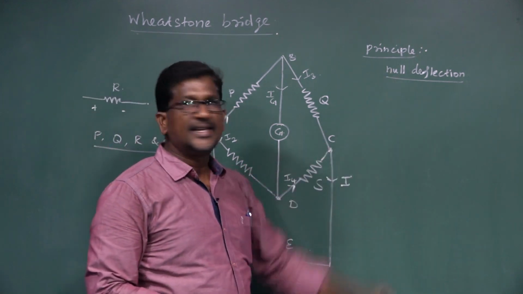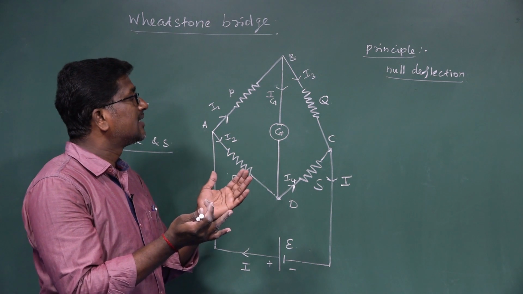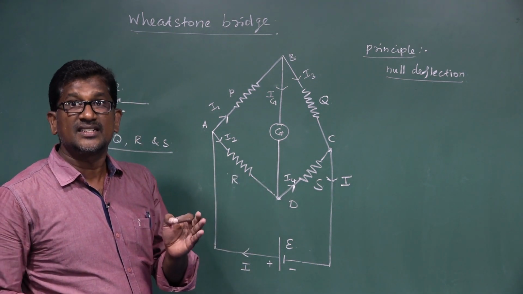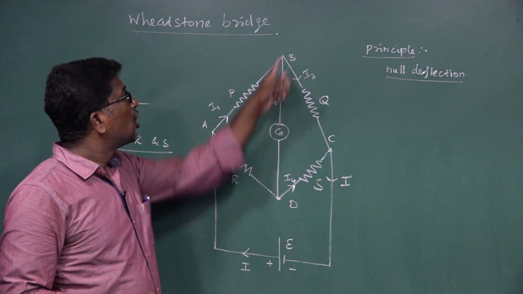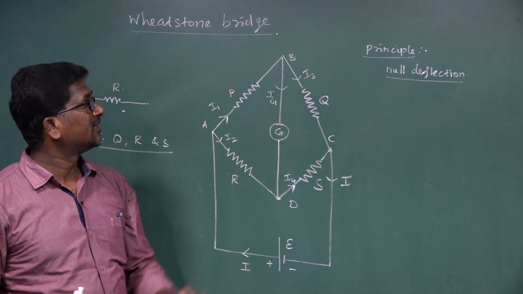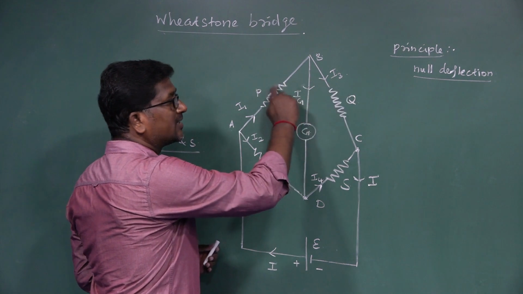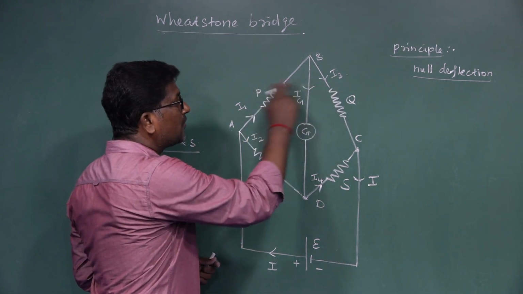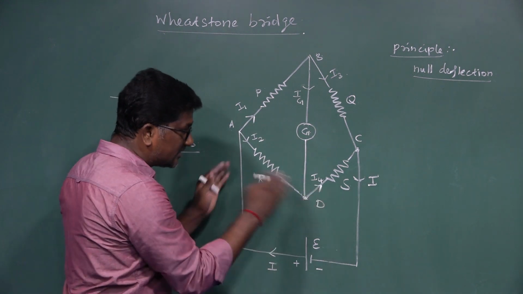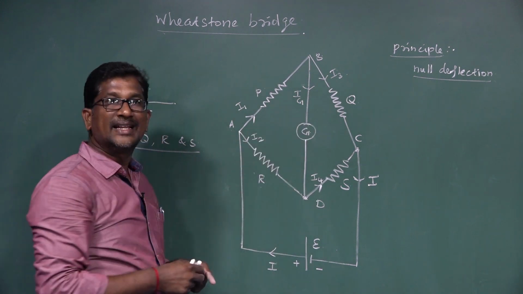That is, if the ratio of adjacent resistances are equal, then no current flows through the galvanometer. So this is the working principle of the meter bridge. Suppose these two are adjacent resistances. If the ratio of these two resistances equals the ratio of the remaining two resistances, then the current flowing through the galvanometer is 0.